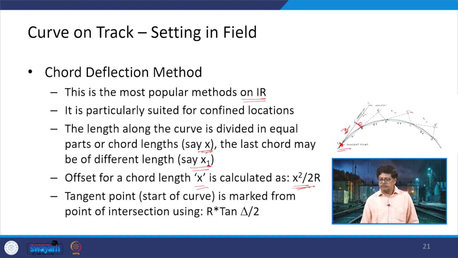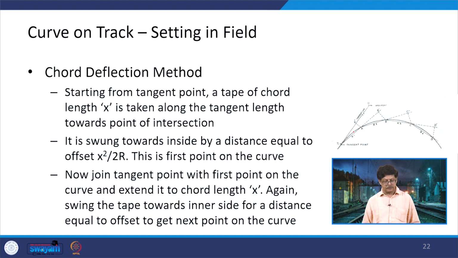So, we will get a point here. What it says is, starting from the tangent point, a tape of chord length x is taken along the tangent length, and then from there it is swung inside for a distance equal to the offset, x square by 2r. So, we are getting the first point.